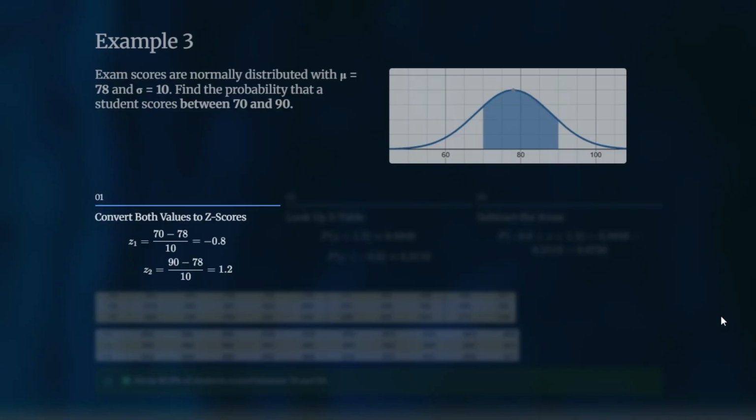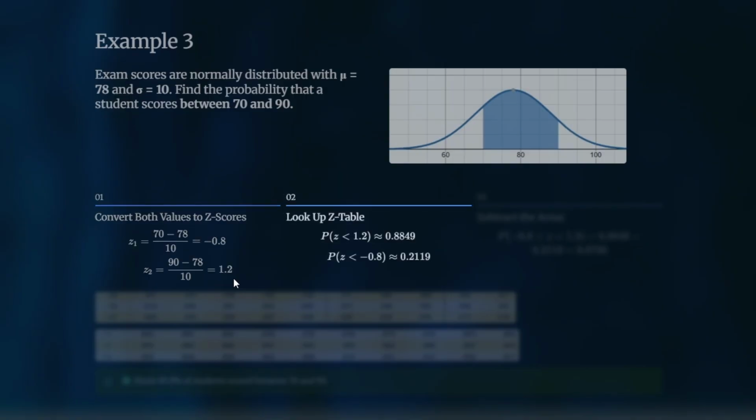So here we'll need to convert both values into z-scores. For our first value of 70, we'll do 70 minus 78 divided by 10. That will give us a z-score of negative 0.8. For the second value of 90, 90 minus 78 divided by 10 will give us a z-score of 1.2.